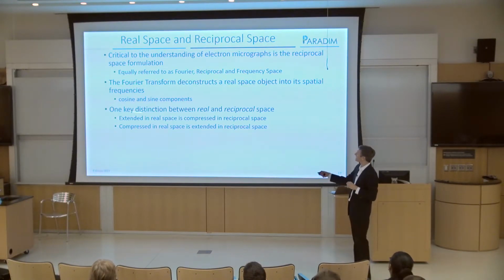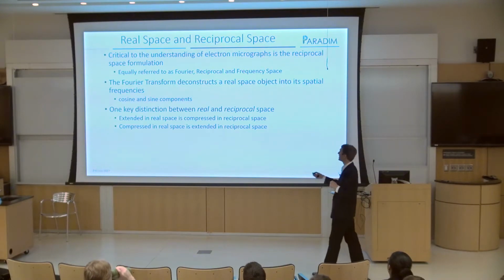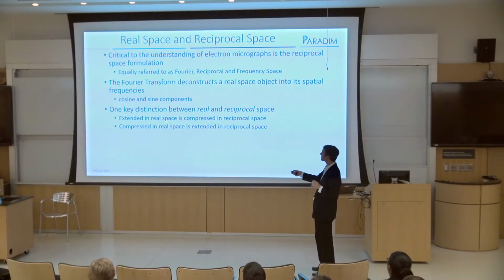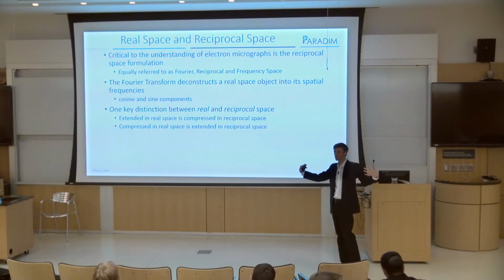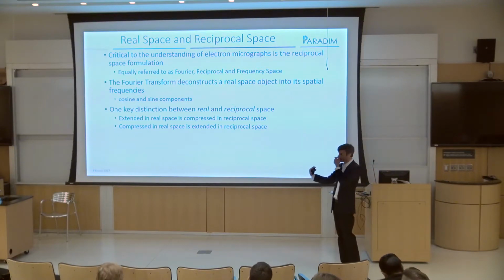So one key distinction between real and reciprocal space, which is a good concept to keep in your mind, is that things that are extended in real space are compressed in reciprocal space. And things that are compressed in real space are generally extended in reciprocal space. Okay? You can see that directly in the diffraction pattern from a TEM or a STEM, for example.